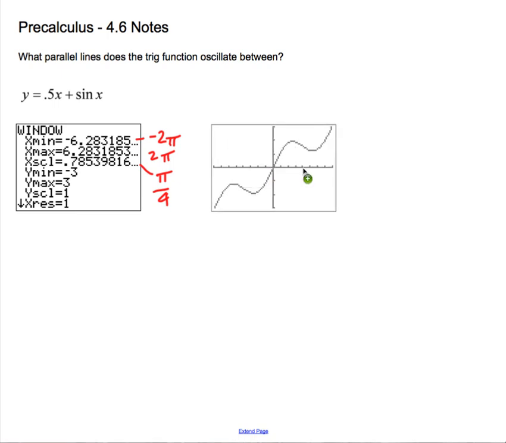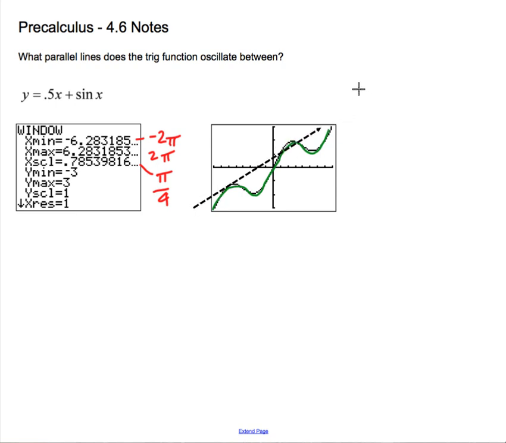Well, here's our graph right here. Notice that it definitely is oscillating. It's got this wave feature, just like if we were to graph it normally. But hey, guess what? It does oscillate between two things. And if we change our x mins and maxes and our y mins and maxes, we'll see that it does bounce back and forth between a couple of values.